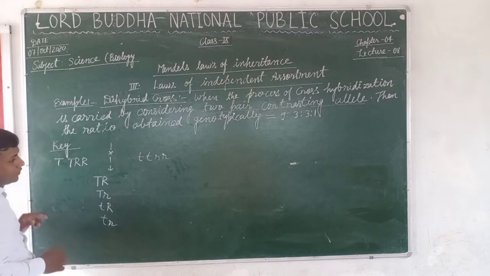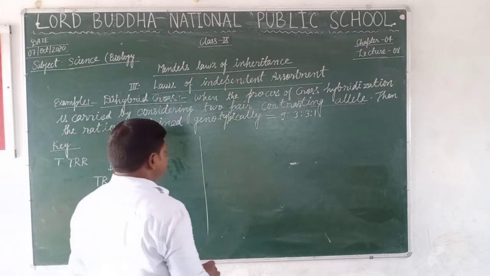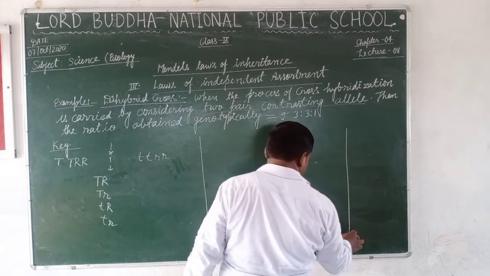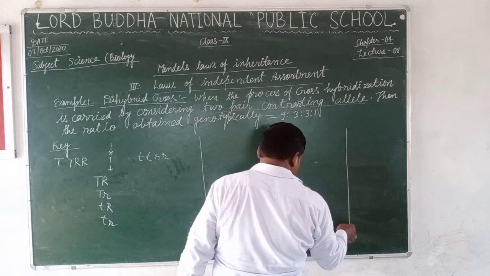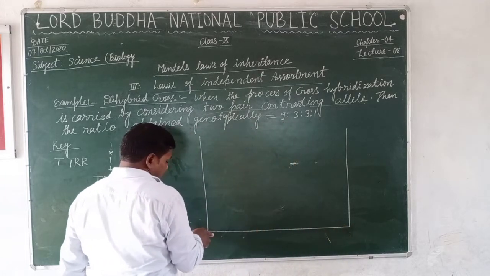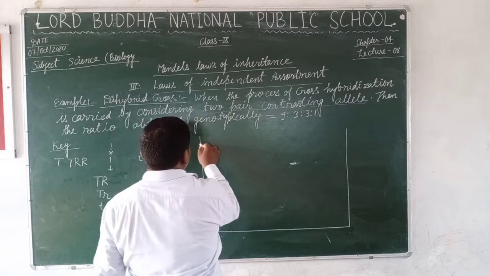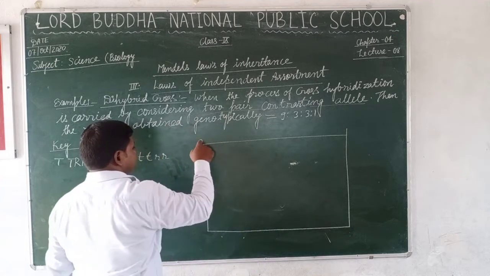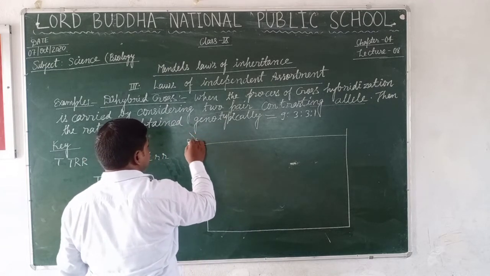Now students, cross hybridization is made with the help of a unit chart. This is the multiplication table first given by the biologist Punnett. That's why it is called the Punnett chart.